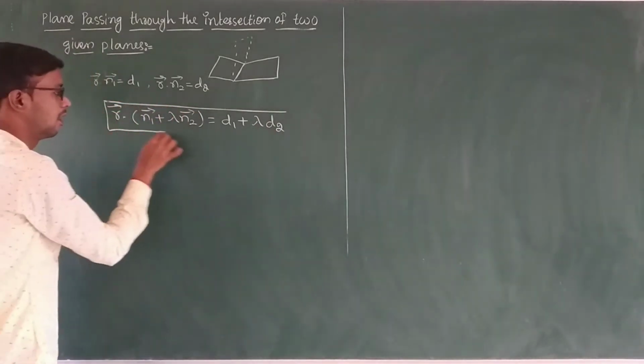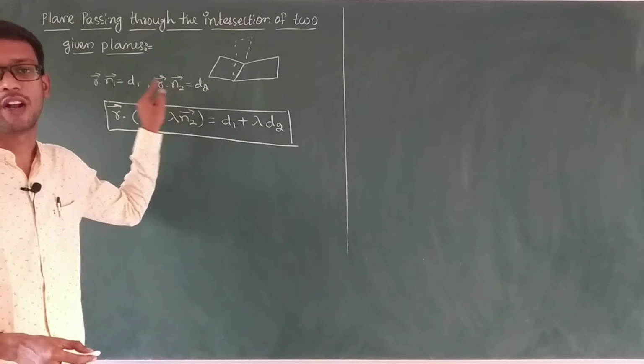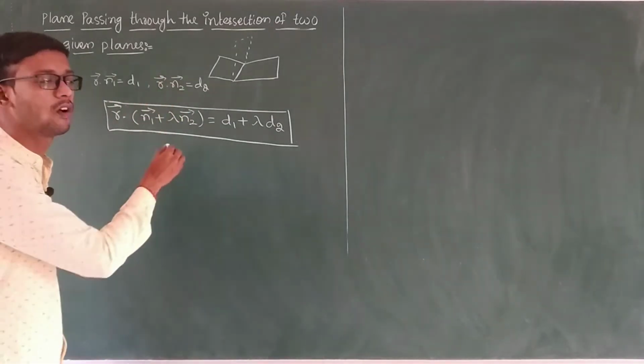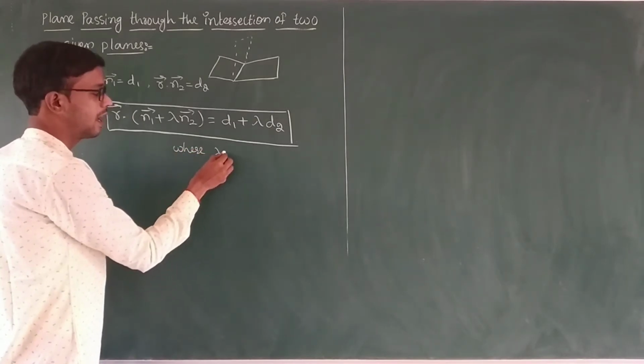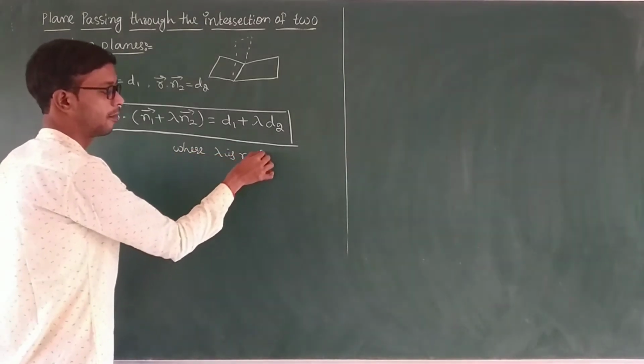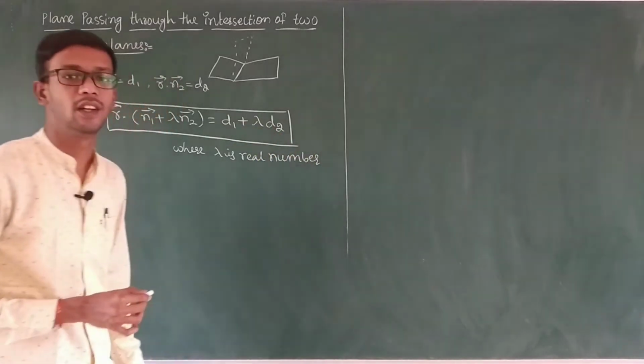This is called the vector form, where lambda is a real number.